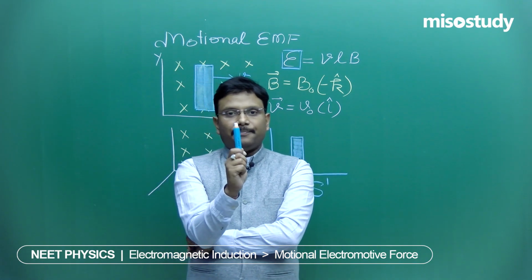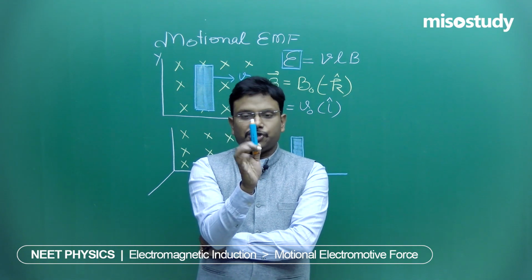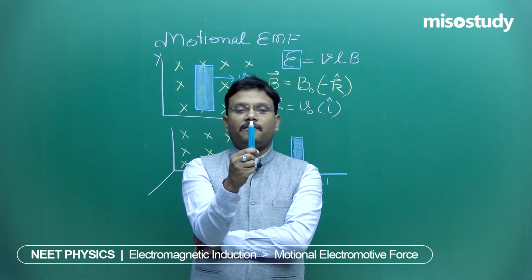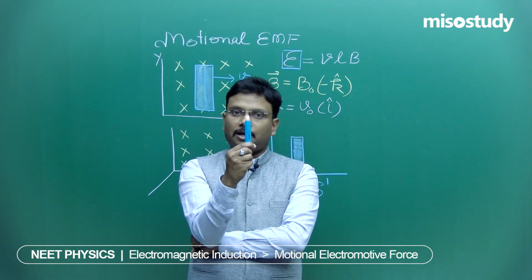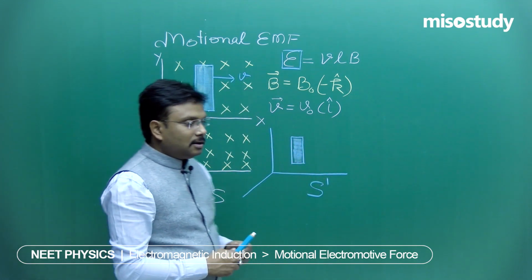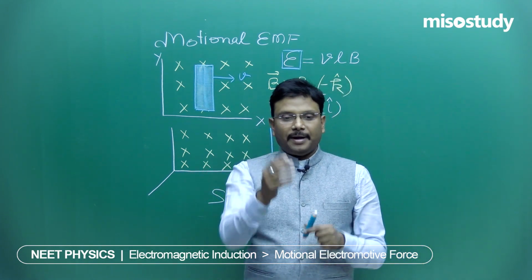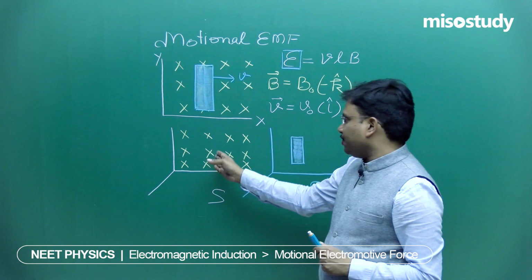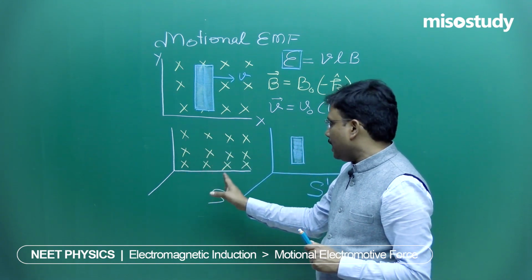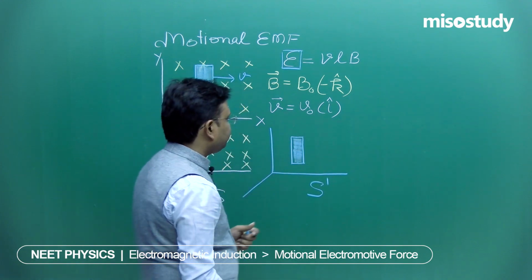So for me this rod is always at rest, the position of this rod is not changing because it is always in front of my eyes, in my hand. So this is the S prime frame, and this diagram, because the magnetic field is present perpendicular to my car's motion, is the S frame. So you have to imagine this situation.